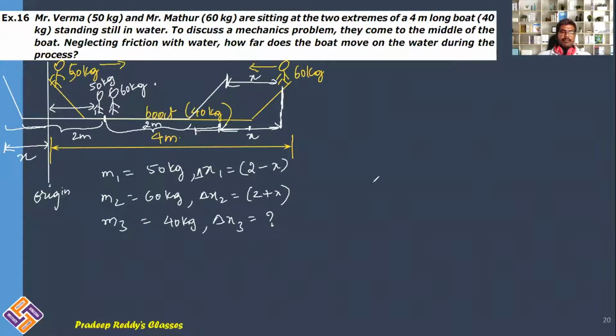The right side you can take as positive values, the left side you can take as negative. So delta x1 is positive, plus, and delta x2 is negative, so you can take it as minus. Delta x cm is equal to m1x1 plus m2x2 plus m3x3 divided by m1 plus m2 plus m3.